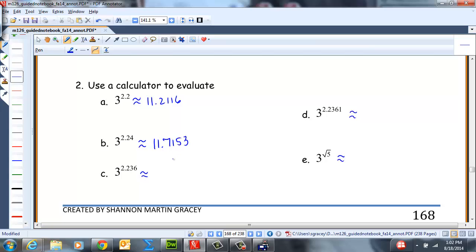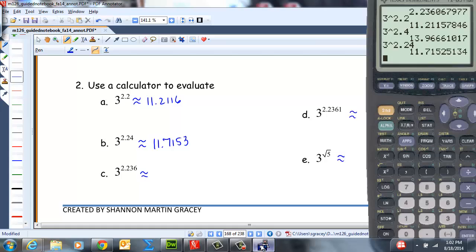And then next up, we're doing 2.236, which gives 11.6639.